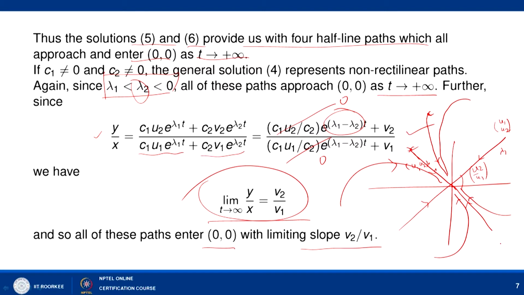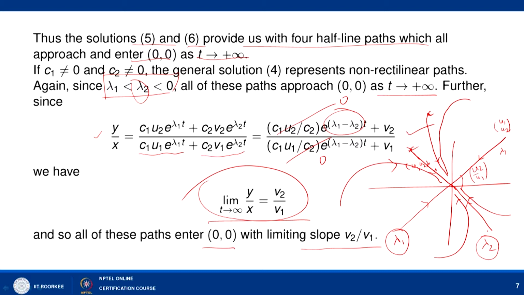If we consider the next situation, this is the eigenvector corresponding to λ1 and this is the eigenvector corresponding to λ2, and since λ2 is bigger than λ1, the solution will tend to the origin along the eigenvector corresponding to λ2. So, this is the line corresponding to the eigenvector (v1, v2). Is it okay?